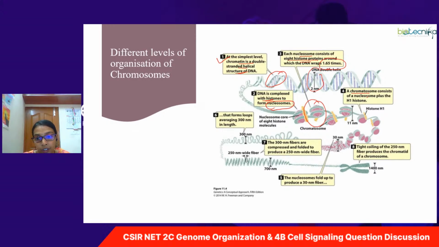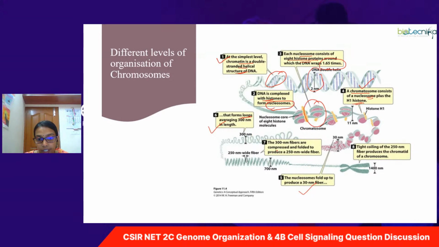That means when your nucleosome is combined with the H1 histones, that is your linker histone, at that time you call it a chromatosome. After that, it will undergo compaction, giving rise to a 30 nanometer fiber, 300 nanometer in length, where you will find loops being formed like this.